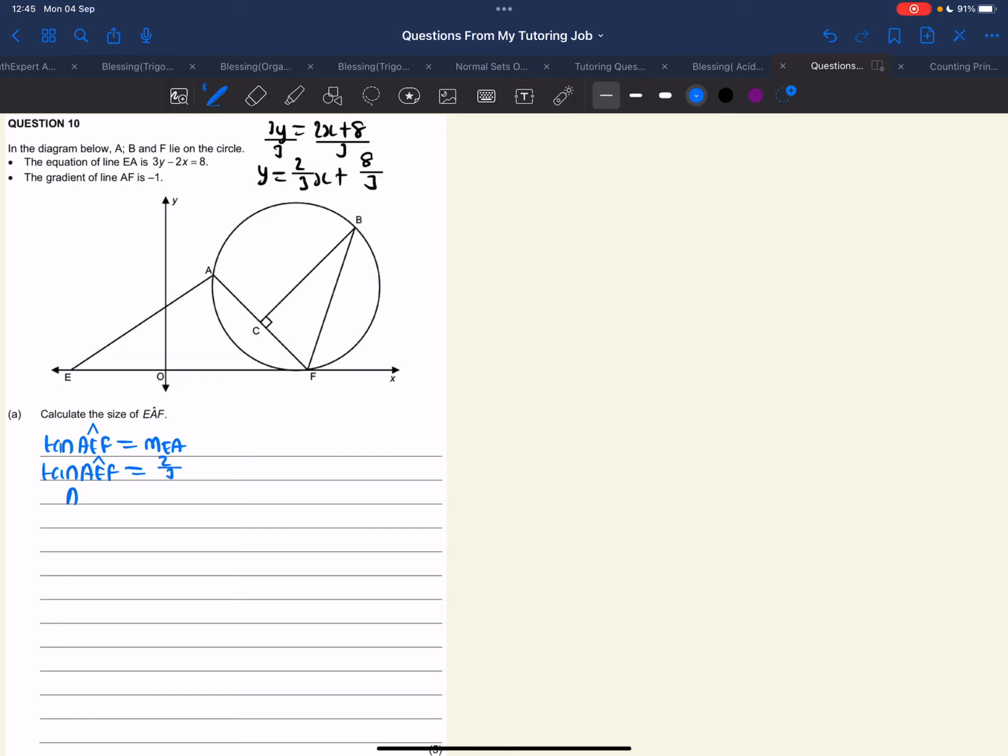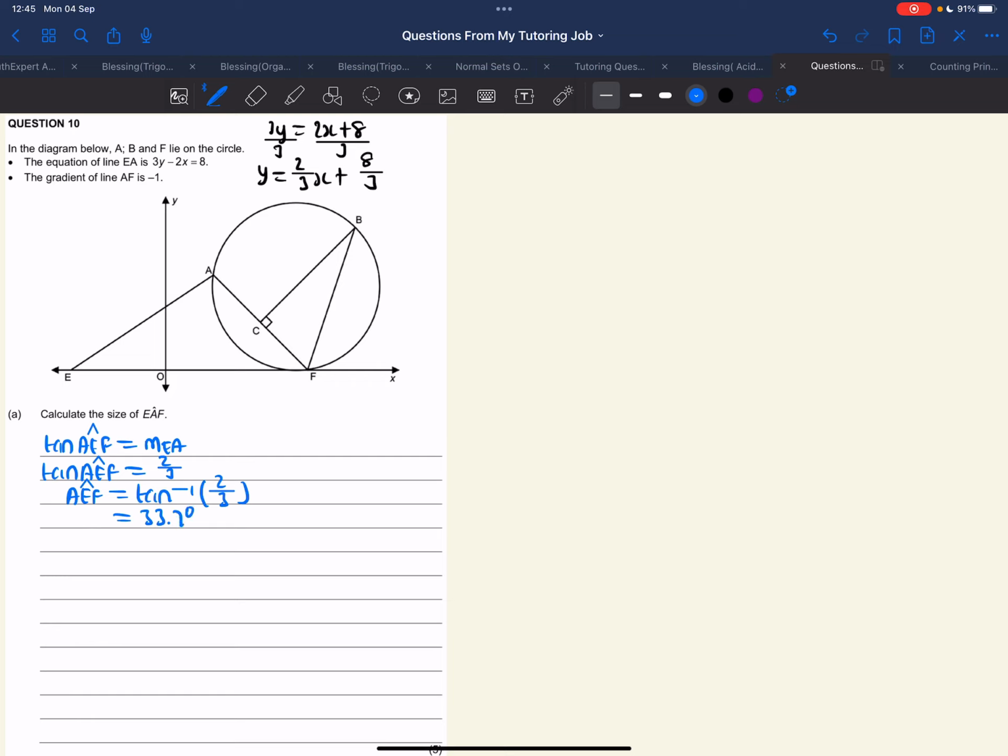And then to find angle AEF, it's going to be shift tan of 2 over 3. If you take out your calculator and do shift tan of 2 over 3, you get an answer of 33.69, and I'm just going to round off to one decimal place. So I'm going to say 33.7 degrees.